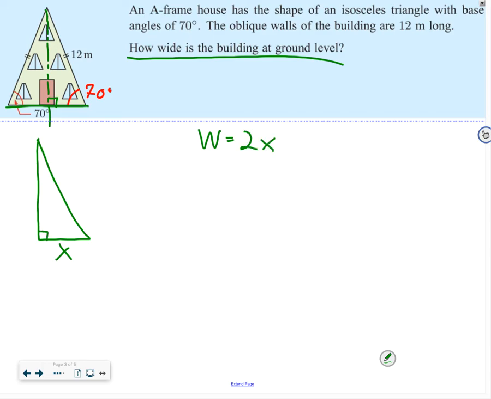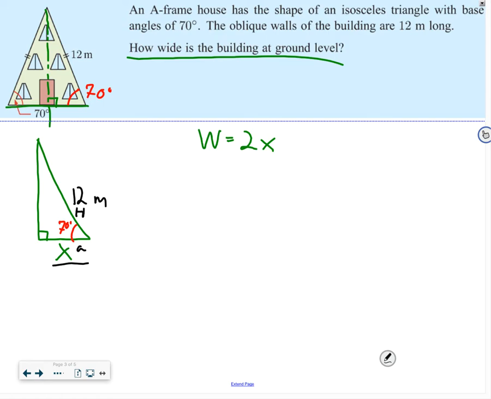My right angle is here, my 70 degrees is here, and I know that this is 12 meters. To solve for my x, I identify the sides: my unknown is adjacent to my 70 degrees, and my 12 is my hypotenuse.